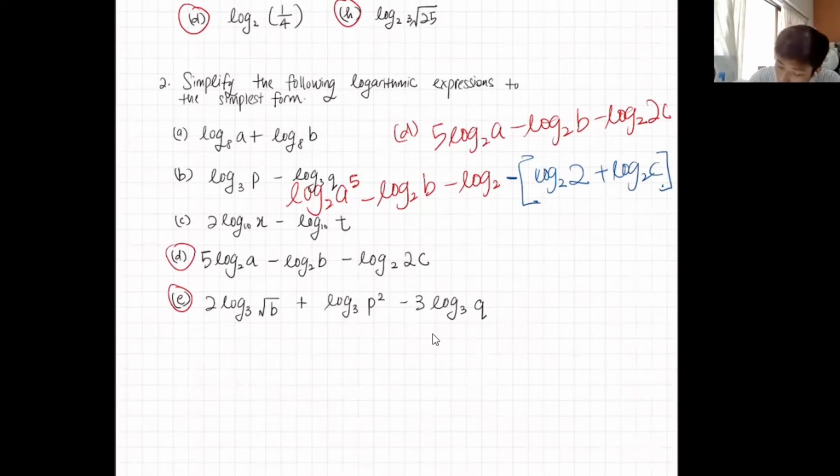Okay, so wait, let me check and see. They want you to simplify. Okay, so now what you do is, since everything is in base 2, and they are separated by minus and plus. Okay, but before that, you try to expand the bracket first.